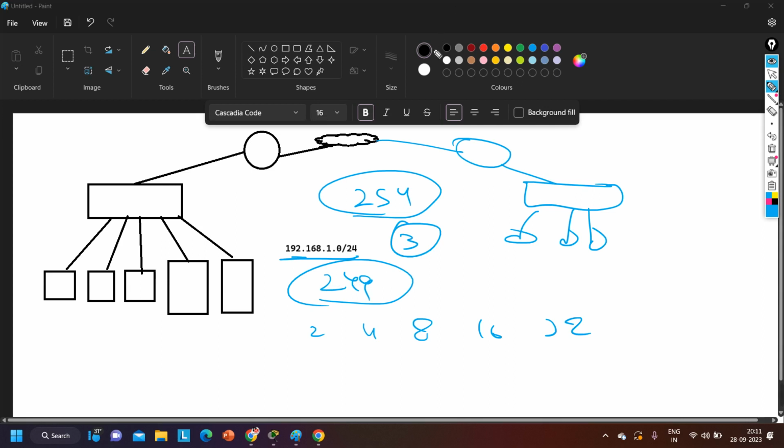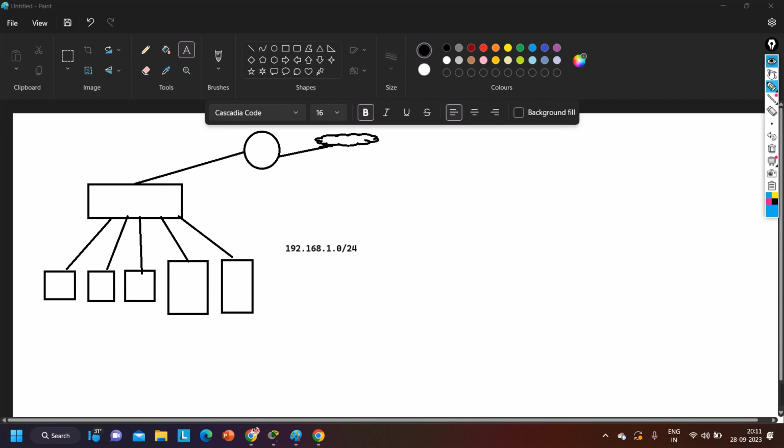My understanding is here I need only 5 IP addresses. So the formula is 2 to the power h minus 2, where 2 to the power h is the number of hosts, minus 2: 1 for network ID and 1 for broadcast ID.